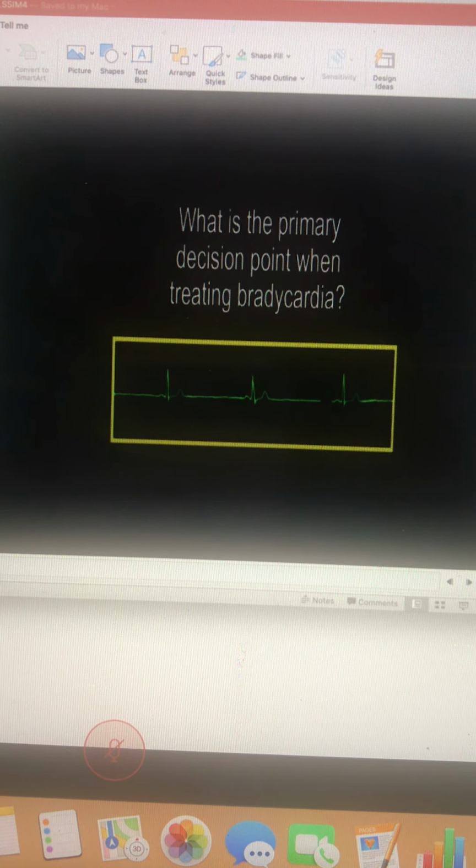The target would be 60 to 65. Why? Amy? It would be to ensure perfusion to the brain and the kidneys. Right. Adequate end organ perfusion. Basically all our organs, but mainly we're concerned with those important ones, right?